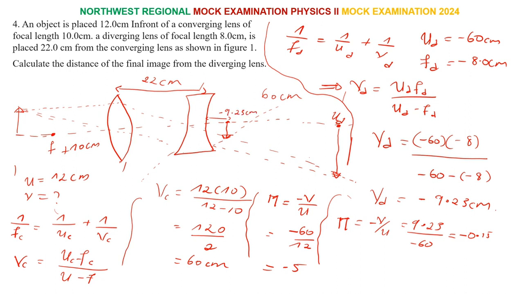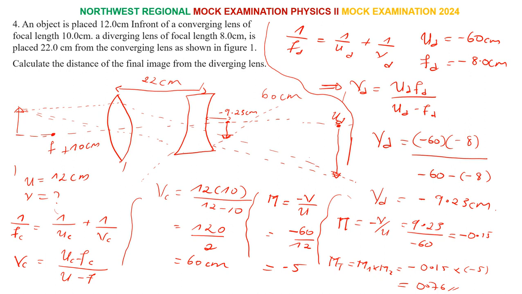Now if we want to get the total magnification of our image, M total is simply going to be the product of those two magnifications, M1 times M2, which is negative 0.15 times the magnification of the first, which was negative 5. And so we get about positive 0.76.